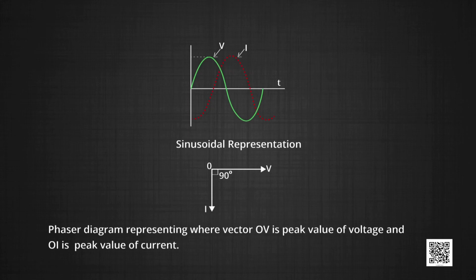See how this peak value is increasing as I increase the phase angle. At the same time, if I reverse this voltage and increase the phase angle, this voltage is shifting. If I rotate it clockwise, it will be like this.